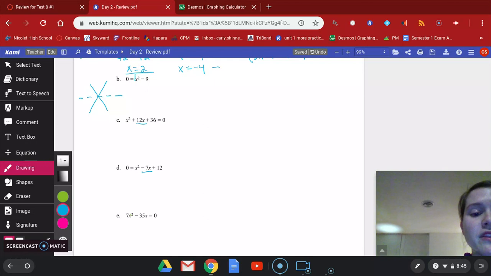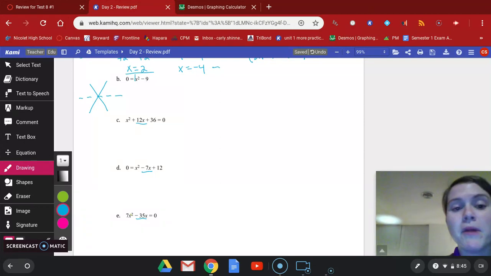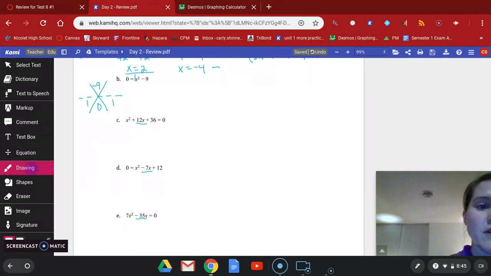So check out these other quadratics and notice that don't they all have that middle term where I have just a plain x with a number? Now this guy, letter B, does not have a middle term. So that means B is 0, A is 1, and A times C would be -9. So what multiplies to -9 but adds to 0? That would be 3 and -3.